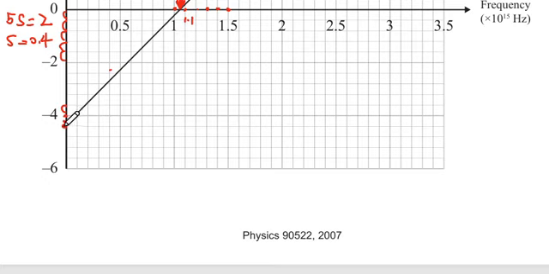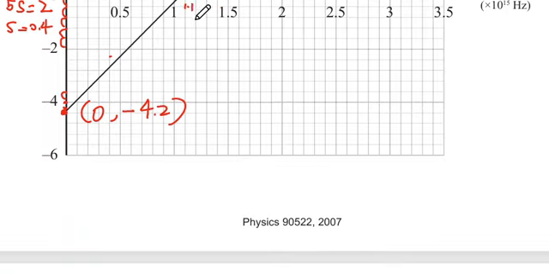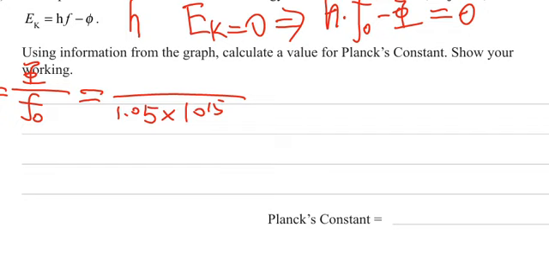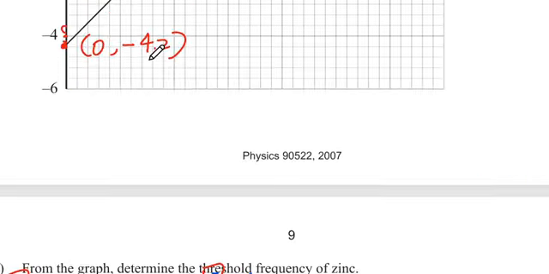So I think this y-intercept is going to be negative 4.2, and this is going to be negative 5. So phi is going to be 4.2.